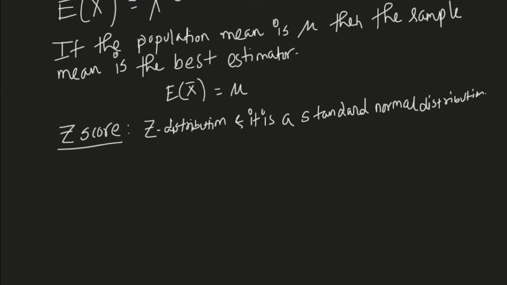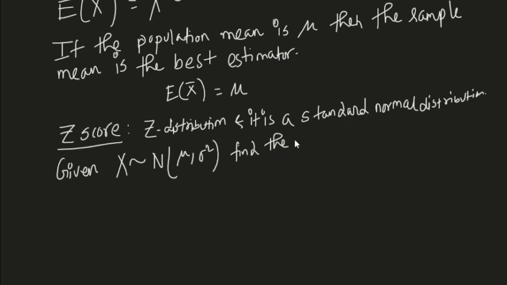So let me give you an example. Given x is a random variable following normal distribution with parameters mu and sigma square, find the z score for some value.